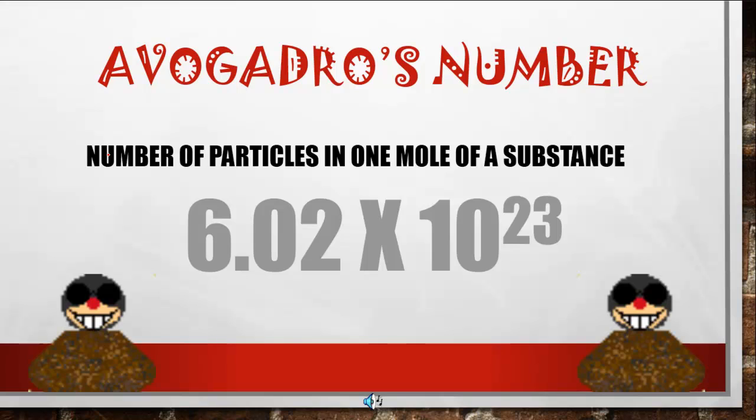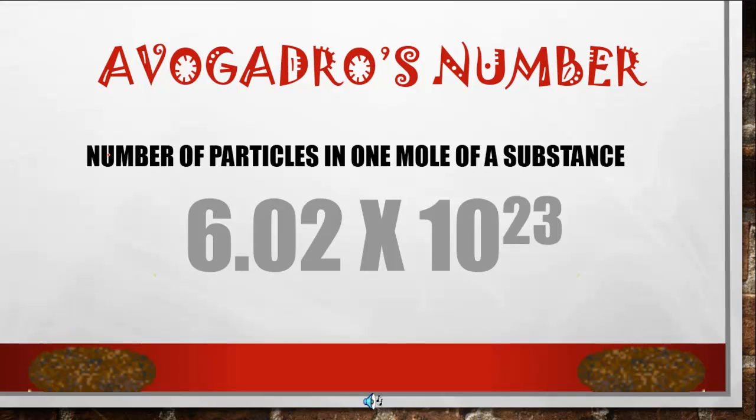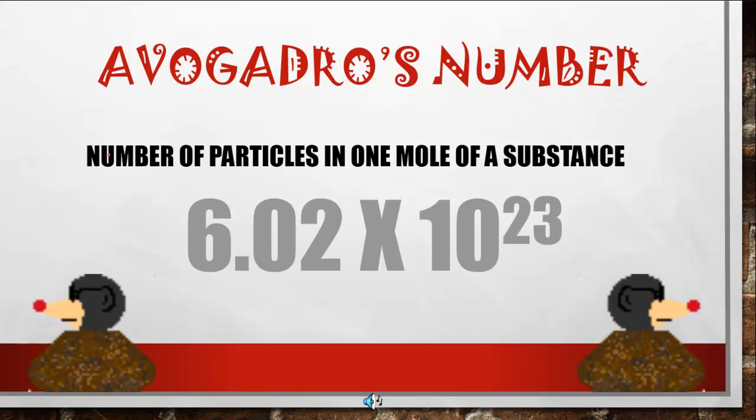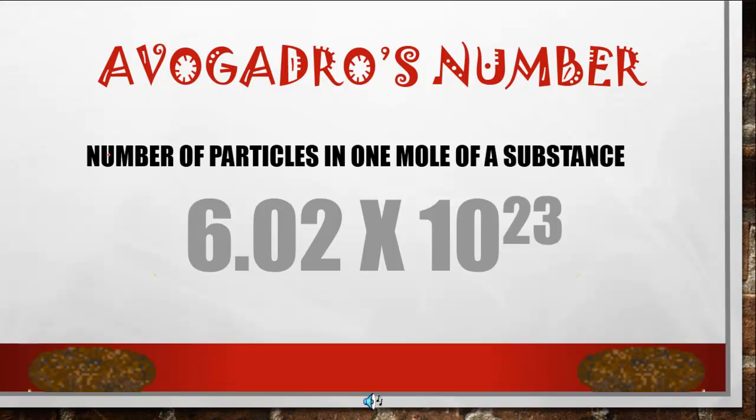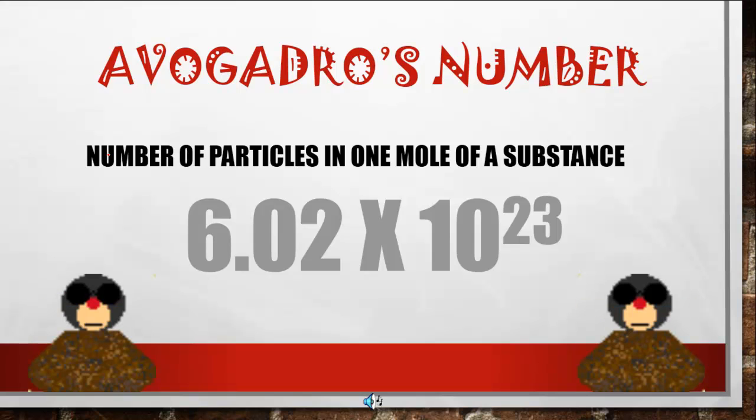Now that's a really big number. If you write it out, so do your scientific notation, you would see that you'd have 21 zeros after 6.02. If you had a mole of pennies and you wanted to see how much money you actually had, do the math.